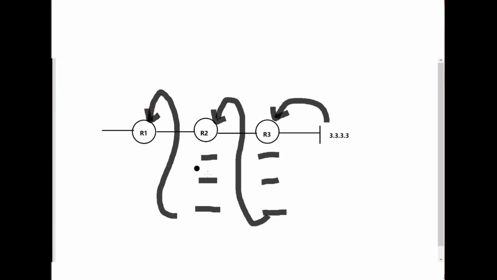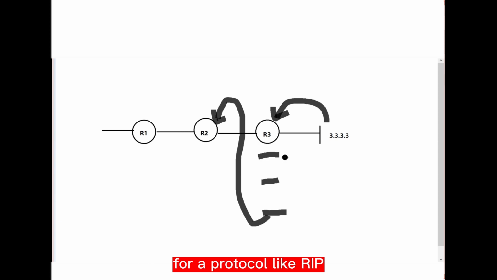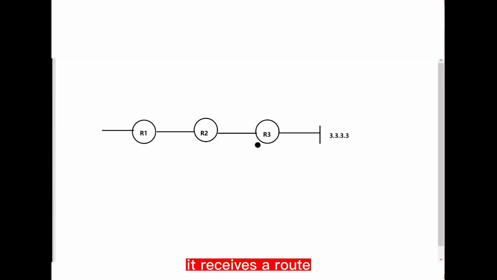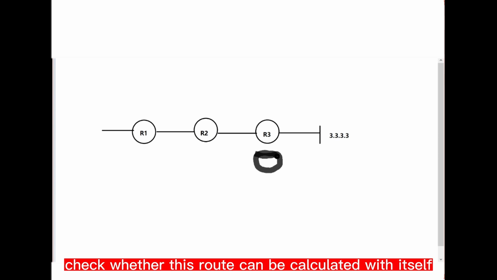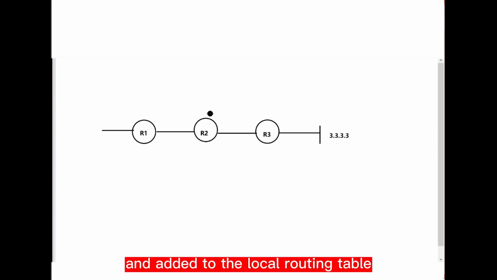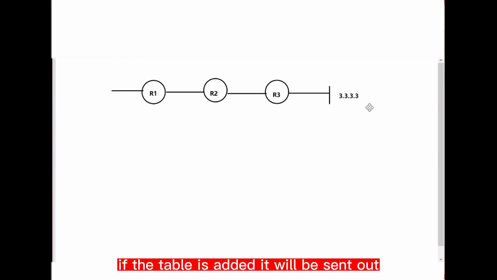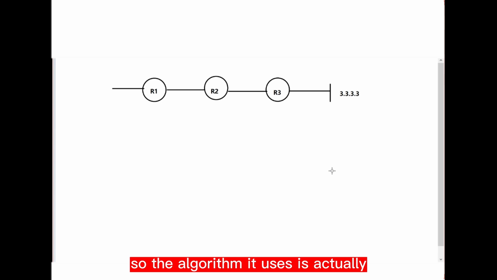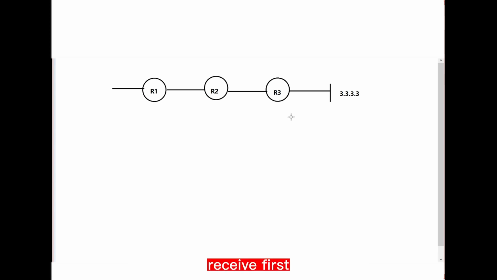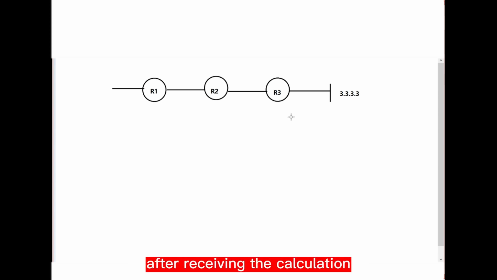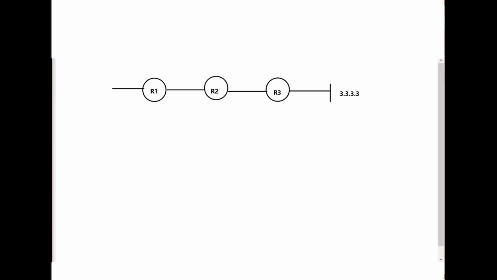For a protocol like RIP, when it receives a route, it first checks whether this route can be calculated and added to the local routing table. If it is added to the table, it will be sent out. So the algorithm it uses is actually: receive first, calculate after receiving, create a new table, then forward again.